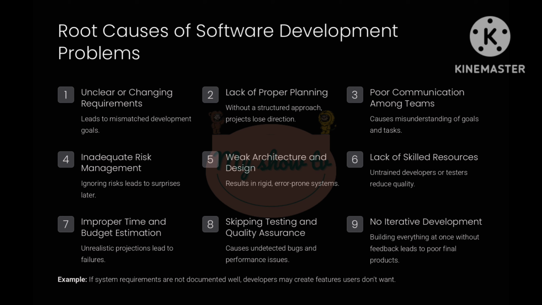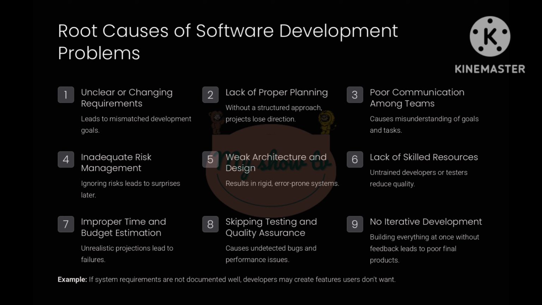5. Weak system design. If the system is poorly designed, any small change becomes difficult, causing delays and errors. 6. Lack of skilled staff. If team members are not trained, quality suffers. 7. Wrong time and cost estimates. Underestimating time or cost leads to budget overshoot and incomplete features. 8.